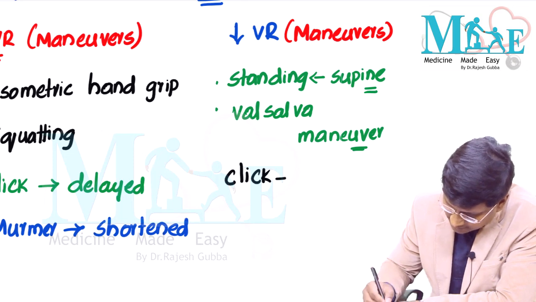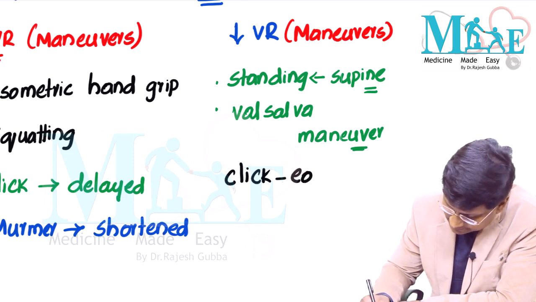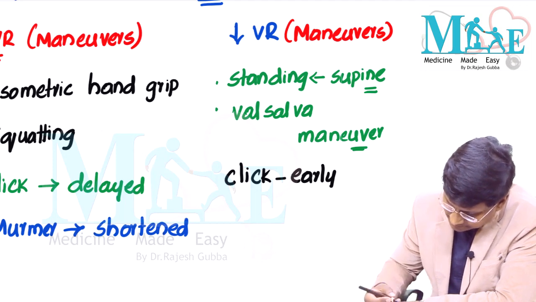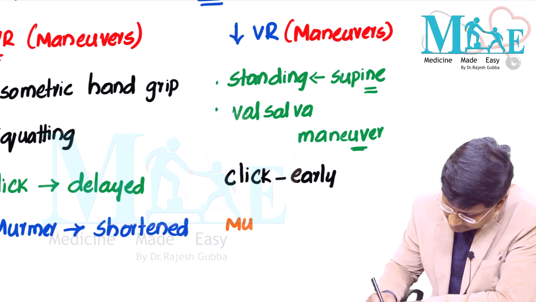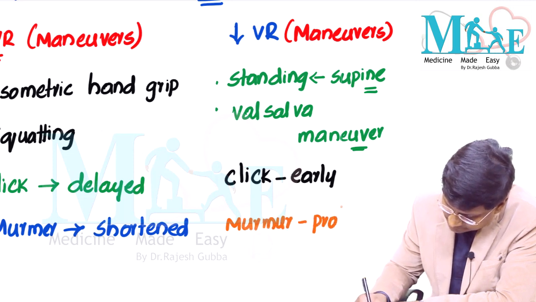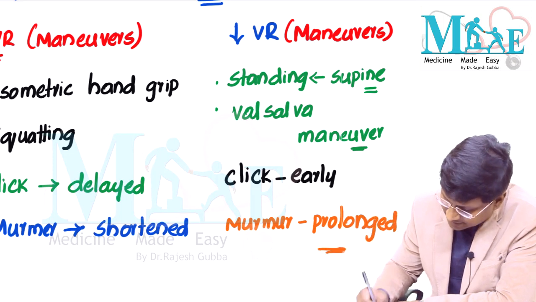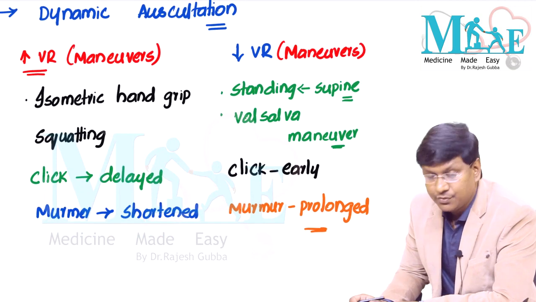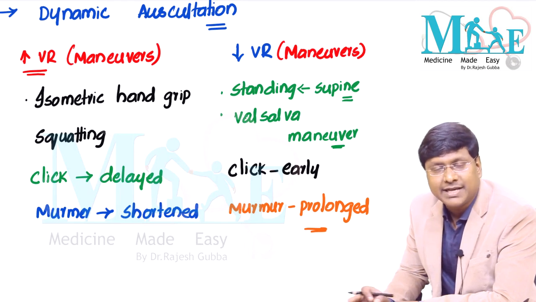The click becomes early. And what will happen to the murmur? The murmur is prolonged. So this dynamic auscultation is the one which differentiates the click of mitral valve prolapse from the clicks of the other cardiovascular pathologies.